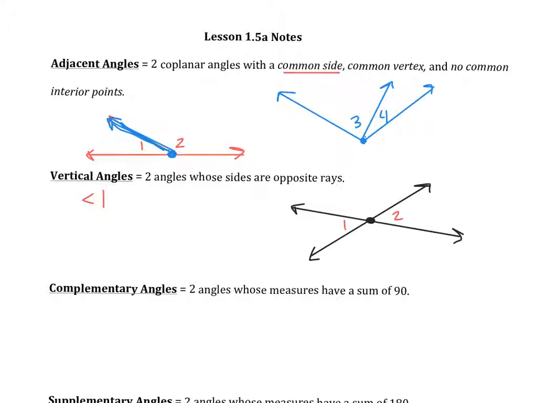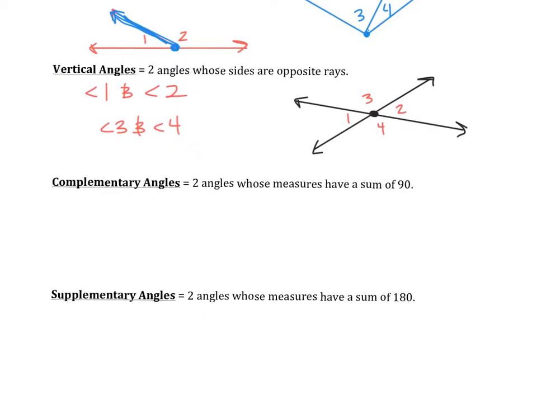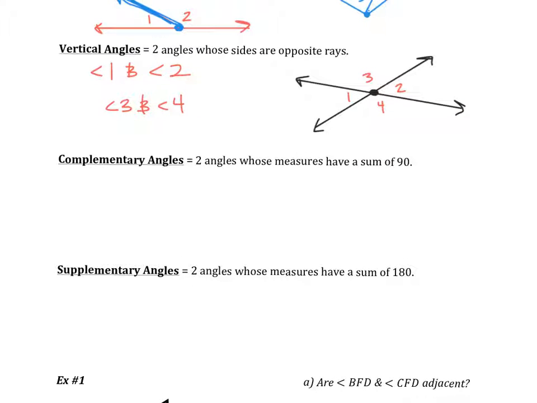They're the same. They're congruent. But for now, we just need to know that they are vertical. So angle 1 and angle 2 are vertical. We could also say that angle 3 and angle 4 are vertical. So far, so good? Slow down, speed up. You all right?